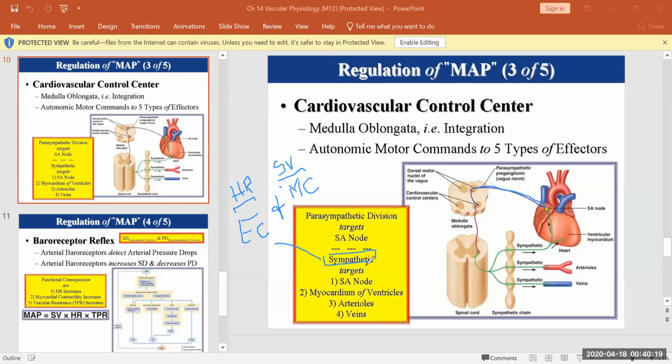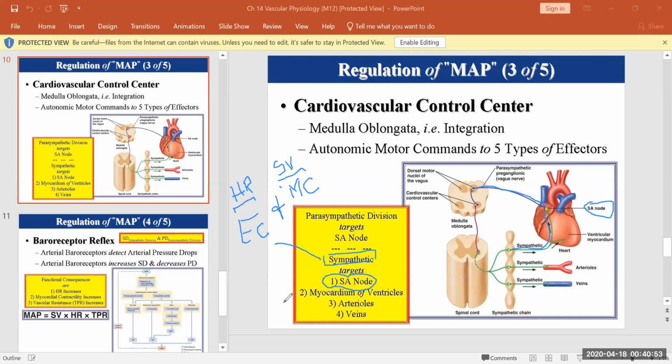The sympathetic division can affect HR because it also targets the SA node. So if you look closely here, that green line goes to the yellow dot, the SA node. Okay, so the sympathetic division can increase the heart rate. The parasympathetic decreases the heart rate, drops the heart rate, but the sympathetic hikes up the heart rate, right?